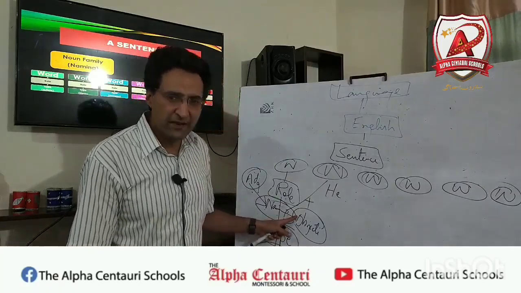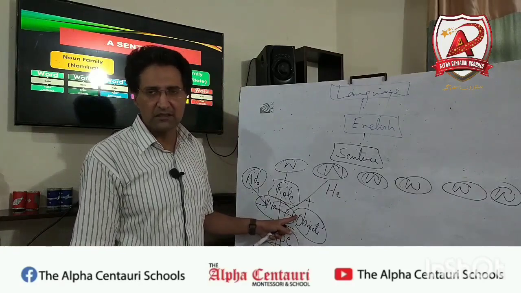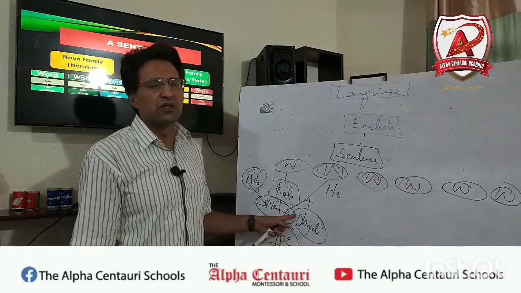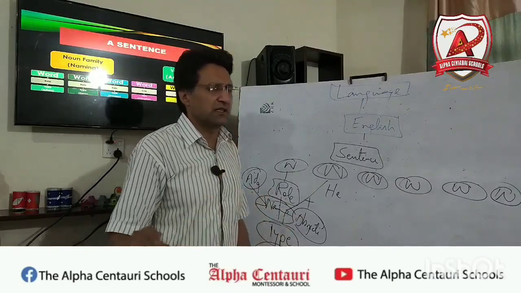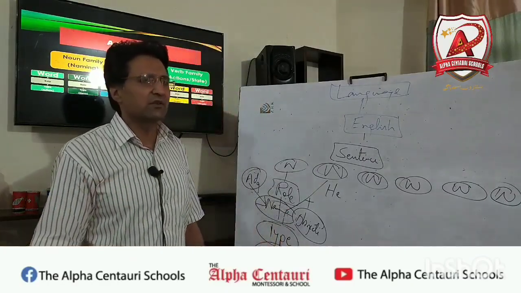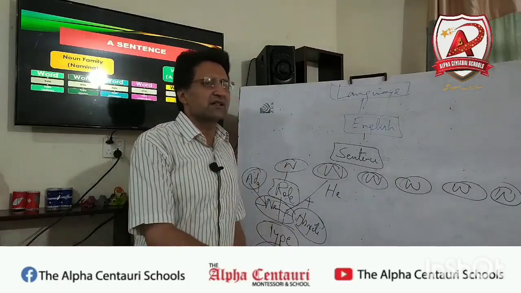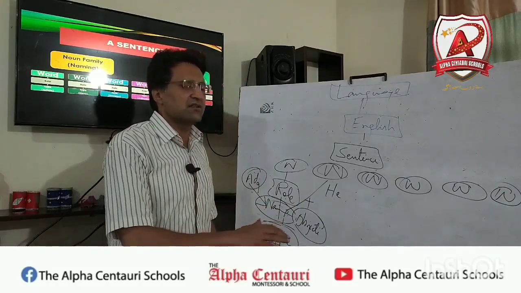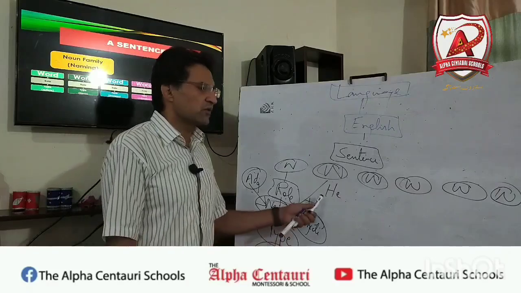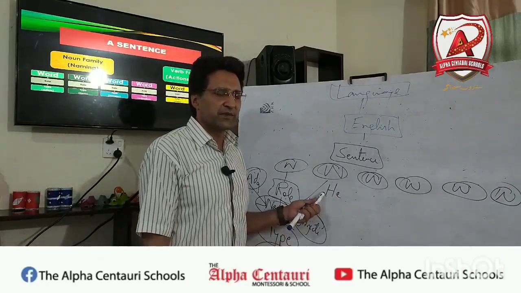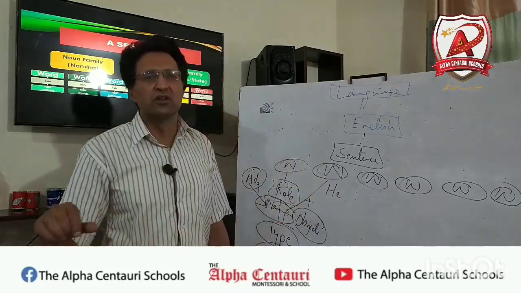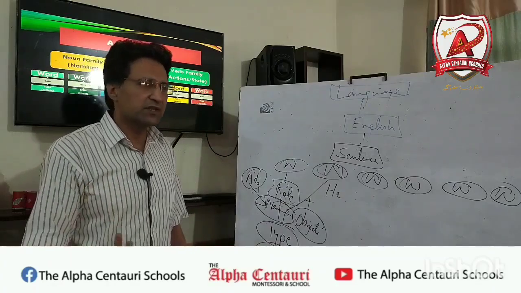When you don't want to name that object repeatedly, this was basically to avoid repetition, or to avoid mentioning the names all the time. Clear? Pronouns basically came to avoid mentioning the names all the time. Arshad was there, Arshad went there, Arshad came there, Arshad did that, Arshad did this. To avoid this repetition, you brought pronouns. And what is the role of a pronoun? When you are using certain word instead of a noun, that is a pronoun.